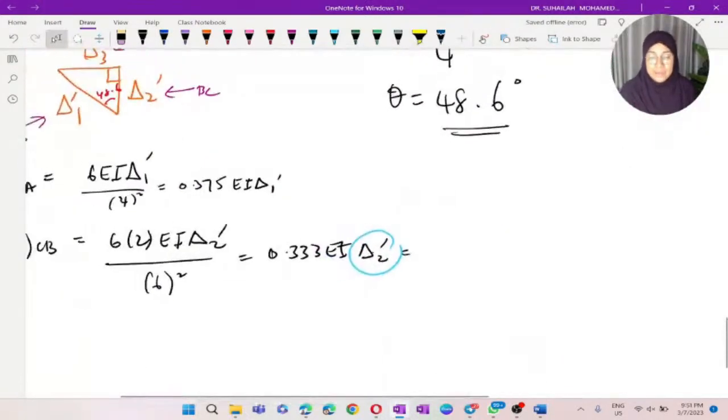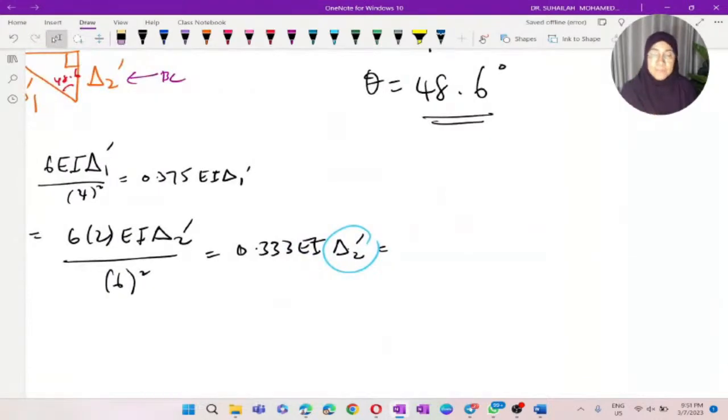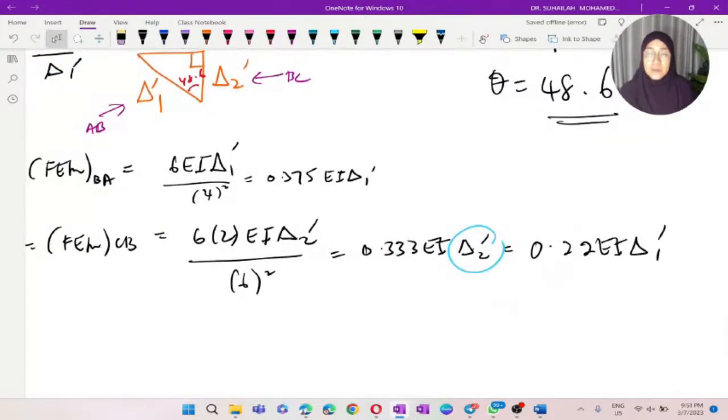We substitute cos 48.6, equal to 0.661, and times with 0.333. So this one is 0.22 EI delta 1 prime. So now we have considered cos 48.6 into delta 2 prime, and we get FEM for member BC in terms of EI delta 1 prime is 0.22.